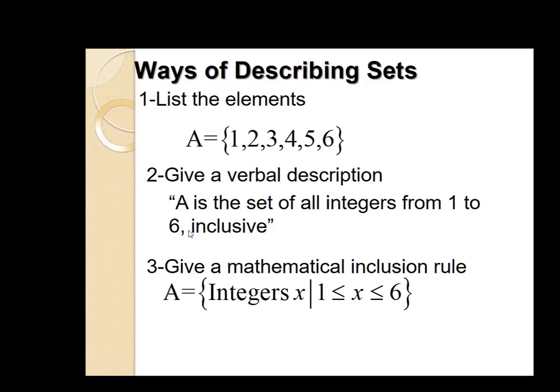In this form, you represent a set in the form of a verbal clarification, like A is the set of all integers from 1 to 6 inclusive. It means that A is a set which contains the objects related to integers, which start from 1 and end with 6. So this was the second way of describing the set.